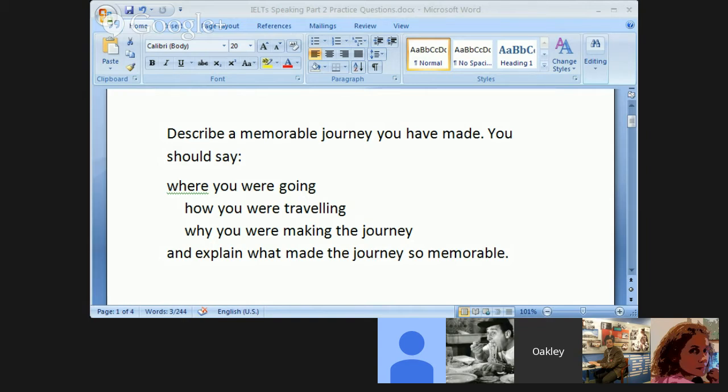Okay, now look at this sentence as a first sentence. You can't always pull this off, but I would like to tell you about works for basically any part 2 question in IELTS. I've never seen a question you can't start with, I would like to tell you about.